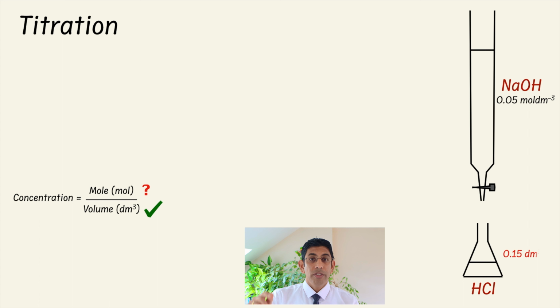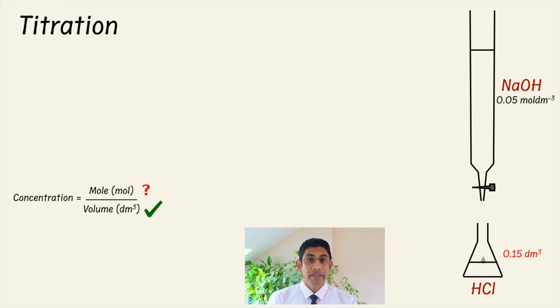For this purpose, the sodium hydroxide we are using has a 0.05 mole per decimeter cube concentration. It's a known concentration. And the volume of the hydrochloric acid we are using in the conical flask has already been measured. It's 0.15 decimeter cube. When you start the titration, we add the sodium hydroxide from the burette drop by drop until the end point.